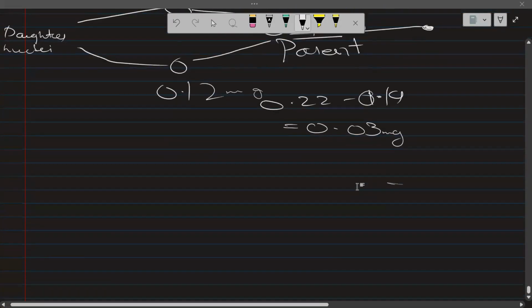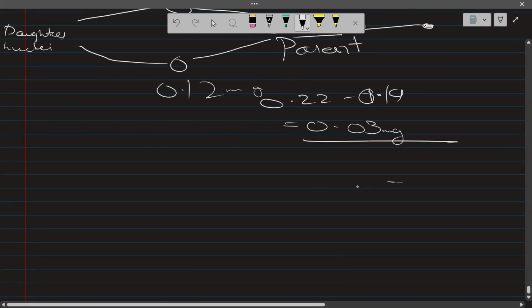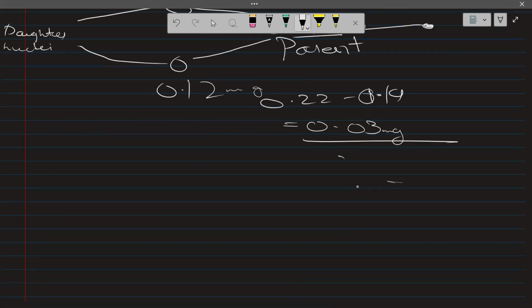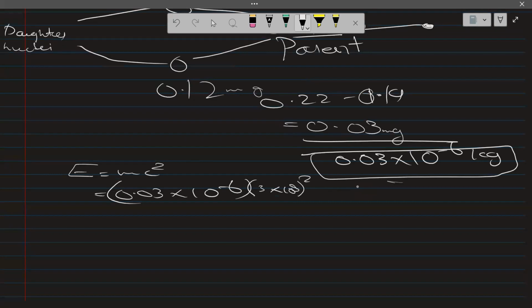Let's check how much energy is produced by 0.03 milligram. First we have to convert it into kg: 0.03 times 10 to the power of minus 6 kg. So let's find the energy. E is equal to mc squared. So m is 0.03 times 10 to the power of minus 6, multiplied by 3 times 10 to the power of 8, squared.